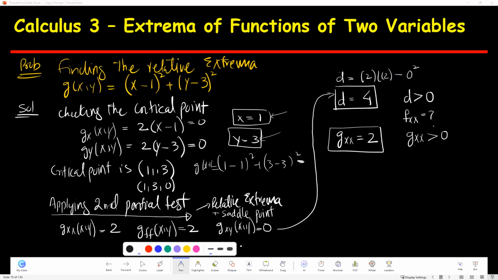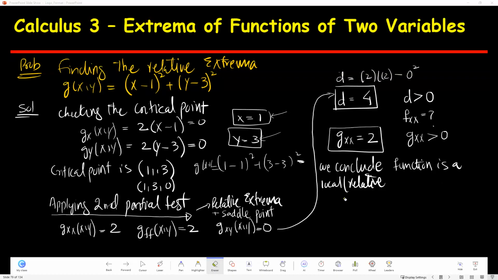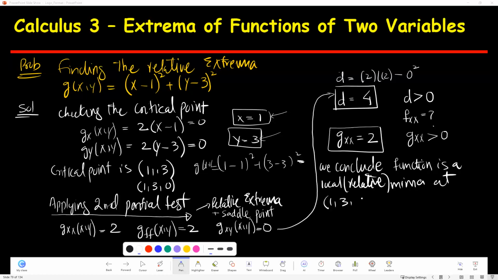So based on our test, we conclude the function is at a local or relative minimum, or I can write just minimum, which sounds much better, at 1, 3, and if I substitute the value, the answer should be 0.